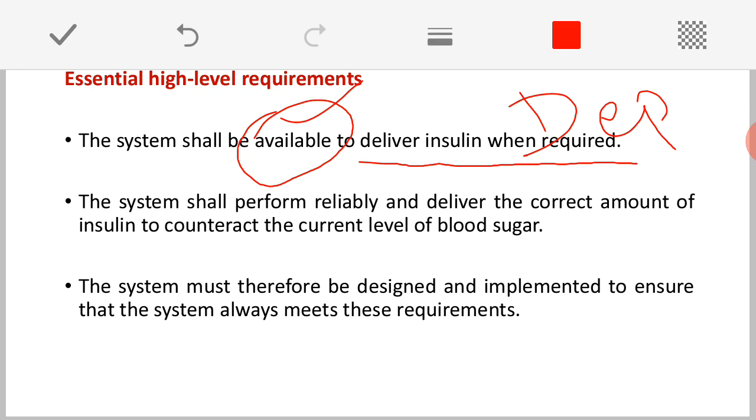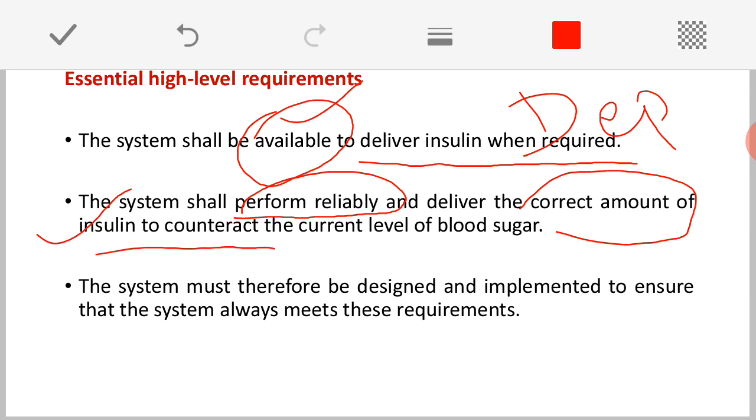The second thing is that the system should always perform reliable computation, meaning the correct amount of insulin is to be calculated and only that much insulin is to be delivered. Imagine if my system performs the wrong calculation, what happens? If it is calculated wrongly and I give that wrong amount of insulin to the body of the patient, then once again it is too dangerous.